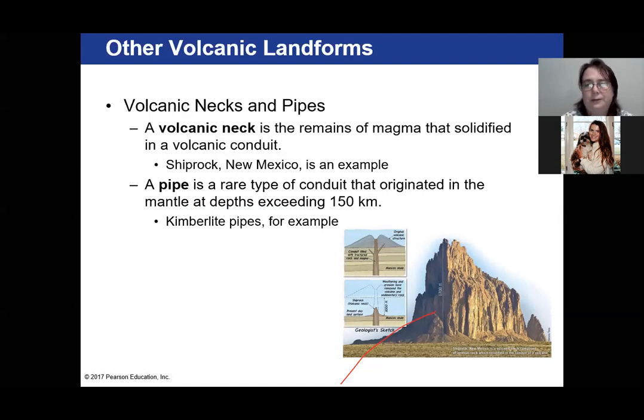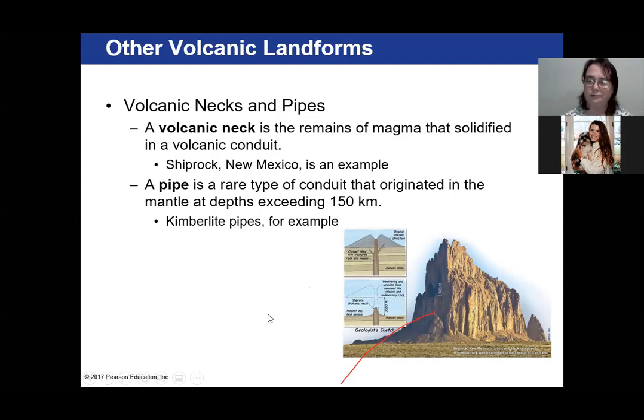Okay, if you've never been to New Mexico, go to Shiprock. Actually, also look at it on Google Earth. It's hard to get to the road to see it from the road view on Google Earth, but this sucker is huge. You cannot get on the property. It belongs to Native Americans.